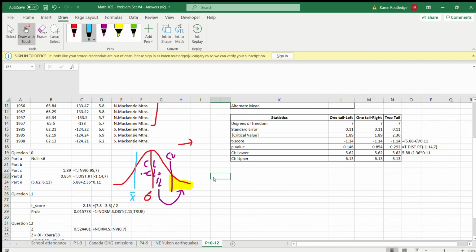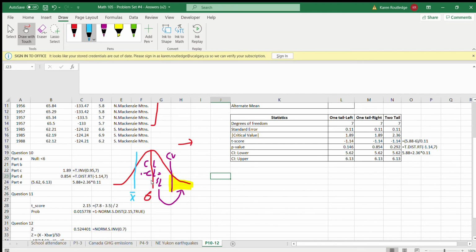The next one being calculating a p-value. So what is the probability of seeing our result or something more extreme under the assumption of the null hypothesis? In that case, under the assumption that the population mean is equal to 6, or greater than or equal to 6. So we want to calculate a probability.